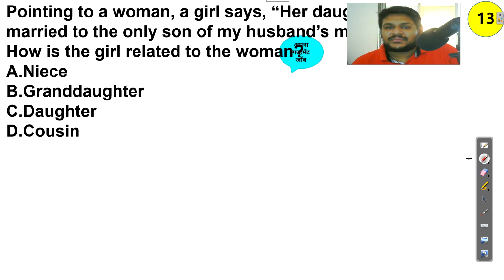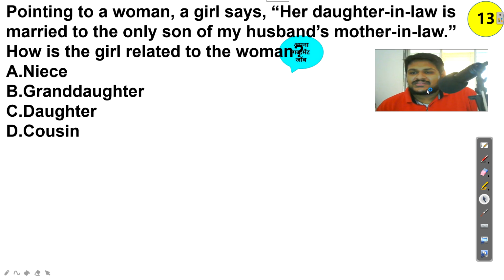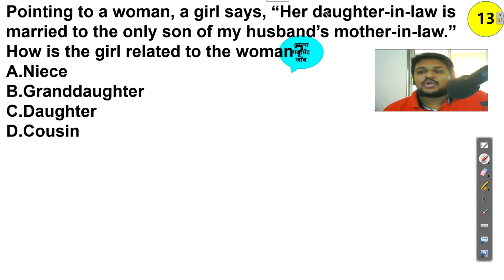Now let's see question number 13. Again pointing questions are there. Pointing to a woman, a girl says her daughter-in-law is married to the only son of my husband's mother-in-law.